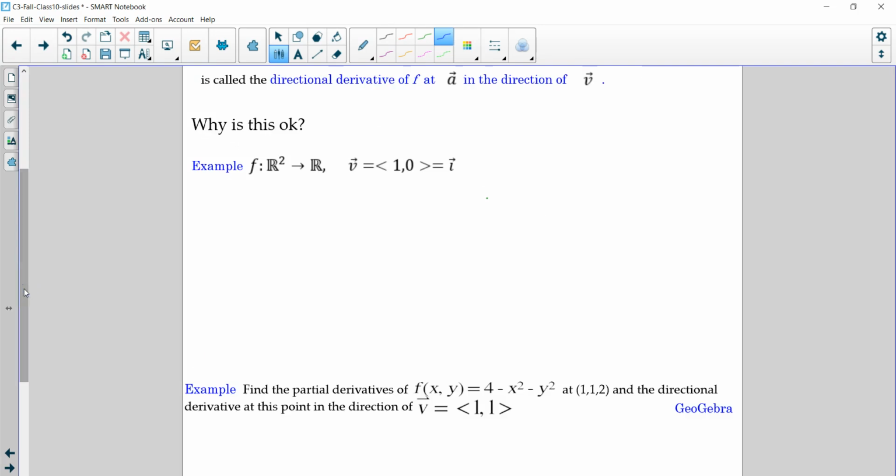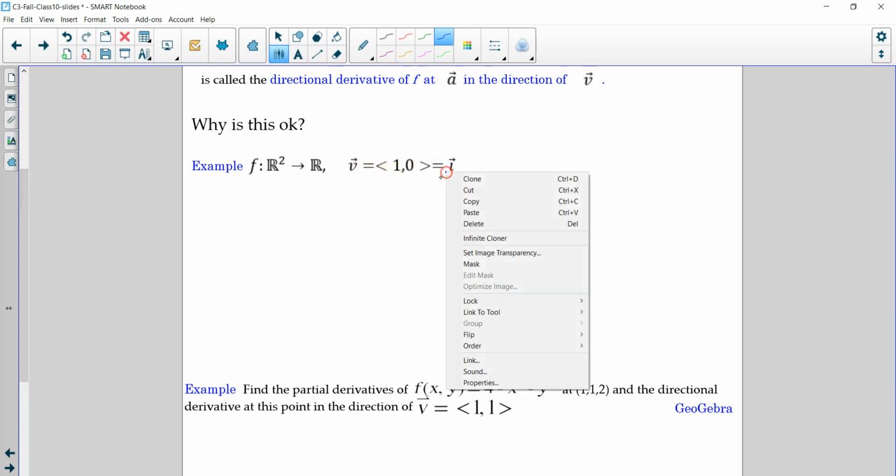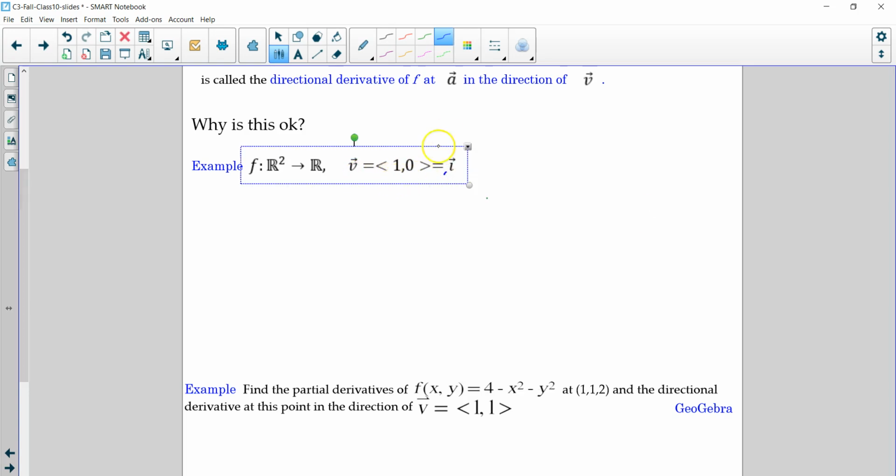Let's take a look. If I restrict myself to two-dimensional space and say v is the unit vector in the x direction, that's fine. Then let's talk about the directional derivative at any point (a, b).